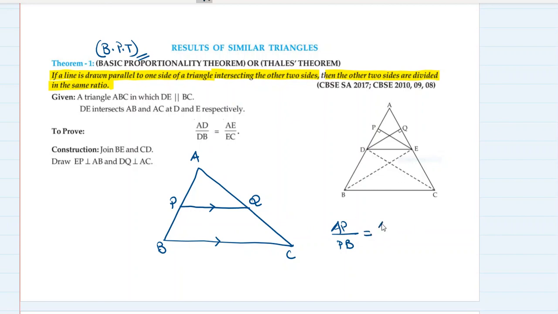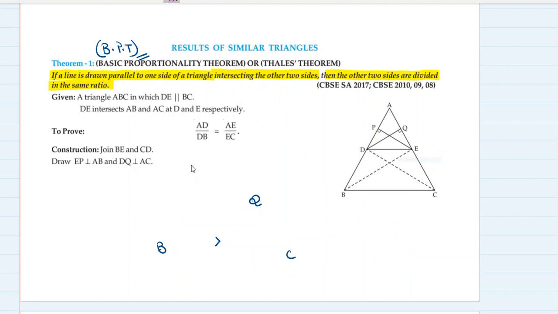AP upon PB is equal to AQ upon QC. That should be the case. But since we have not proved it, we cannot apply BPT until and unless we prove it once. So we have to learn how to prove that if a line is drawn parallel to one side of a triangle, it divides the other two sides proportionally in the same ratio.